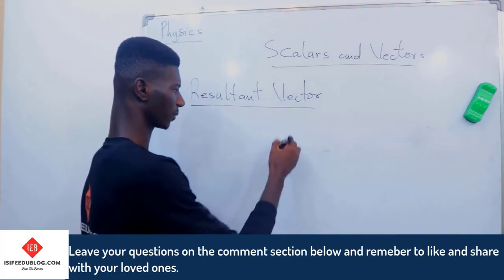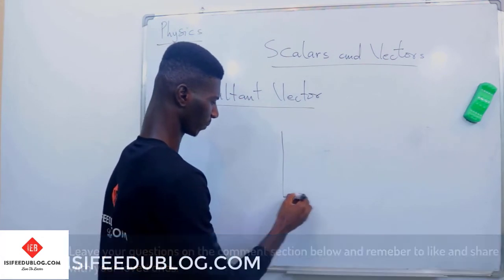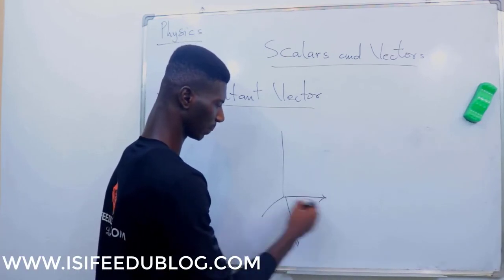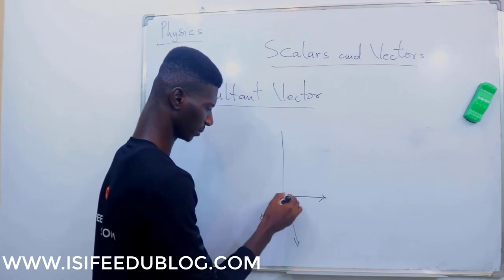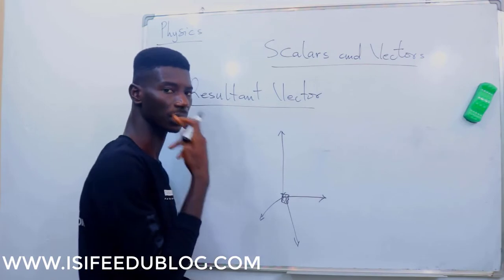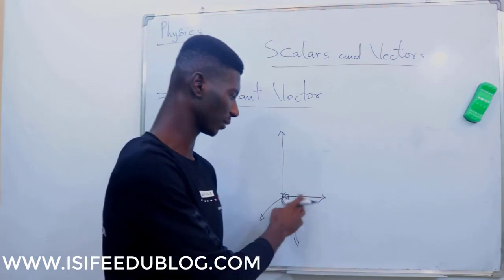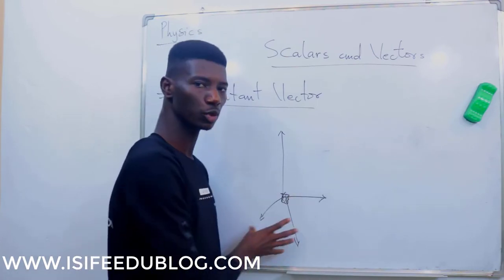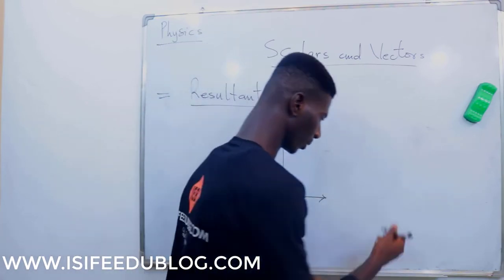We have 4 forces pushing this car, each with its own magnitude. These 4 forces act at a particular point, and they were able to push this car from here to another point here.